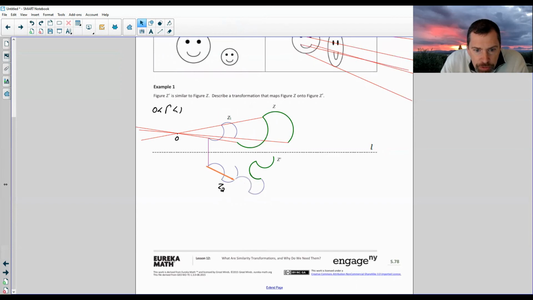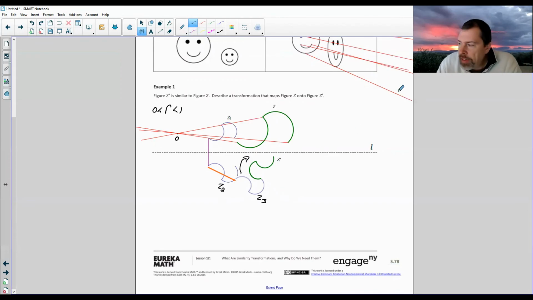It's close. It was very difficult to make this diagram, but you get the idea. That is the direction and the distance it went to map Z2 onto Z3. And then finally, Z3 mapped onto Z prime would be a rotation around, and this would land right on top of the green one.